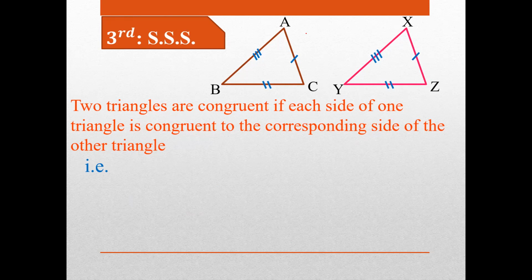In triangle ABC and triangle XYZ, we have AB equal to XY, denoted by the same symbol. So AB equals XY in length, AC equals XZ, and CB equals ZY.